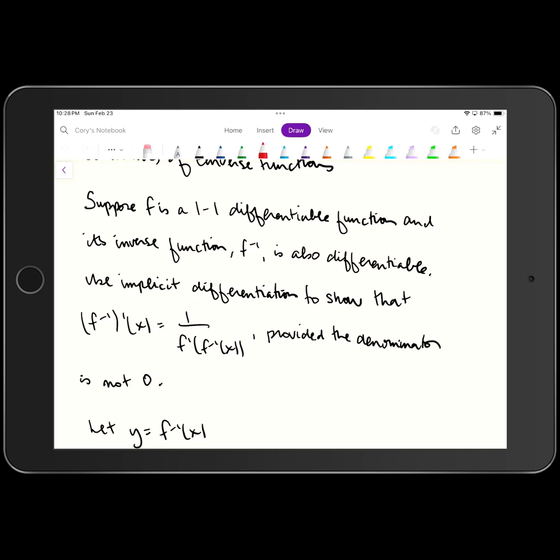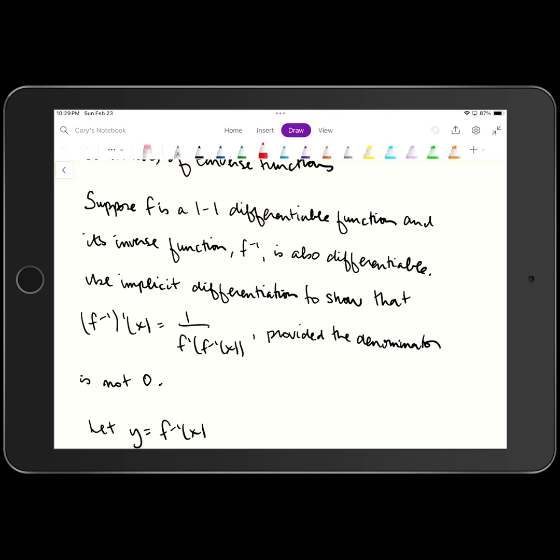Okay, and what we're going to do is use implicit differentiation to show that f inverse prime of x, so if we want to take the derivative of the inverse function, that's going to be equal to 1 over f prime of f inverse of x, provided that the denominator is not 0.